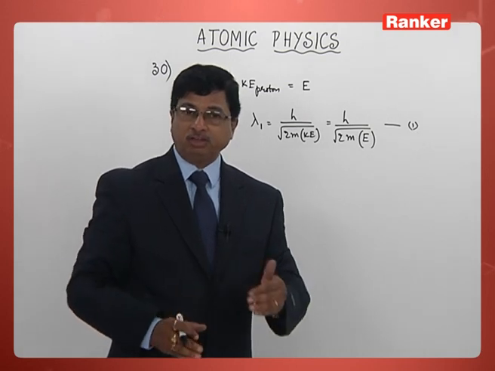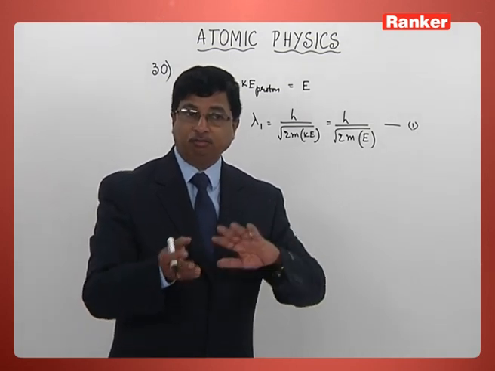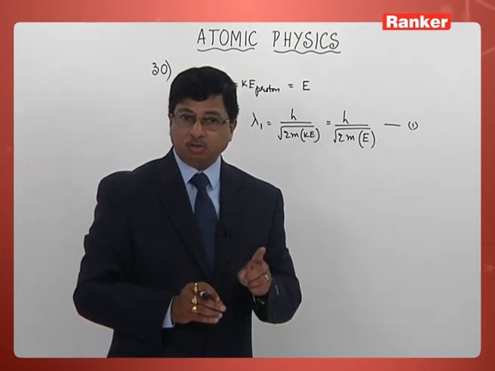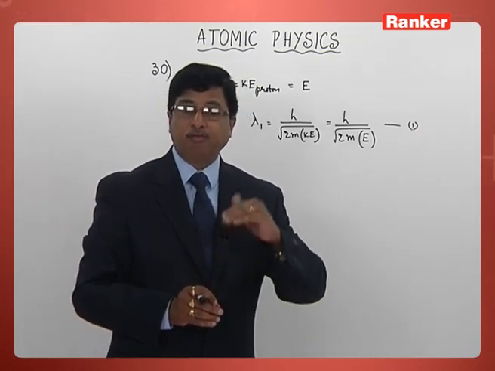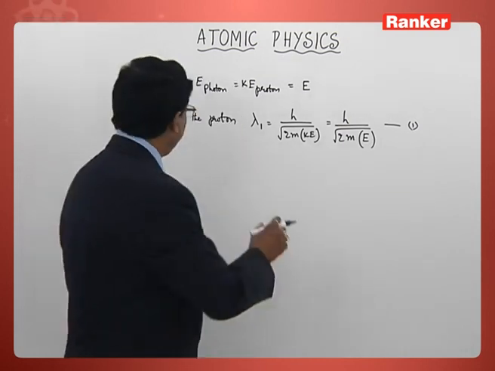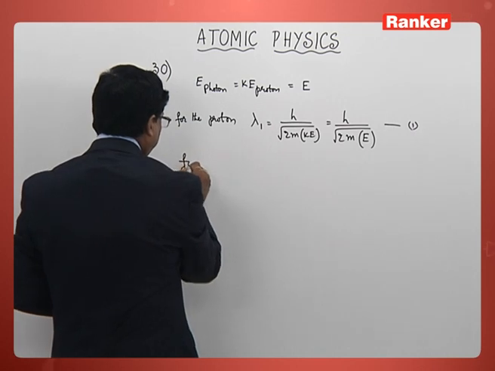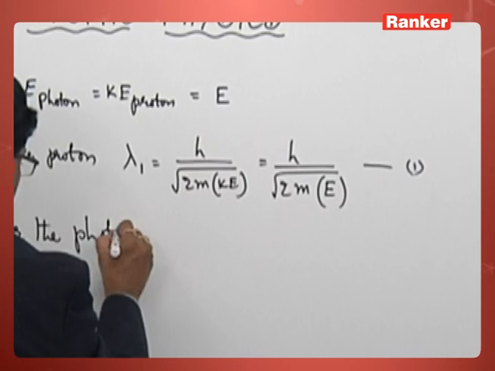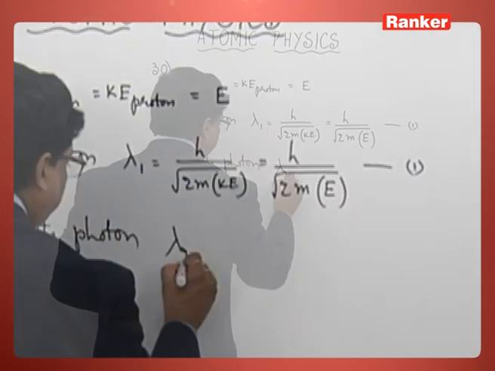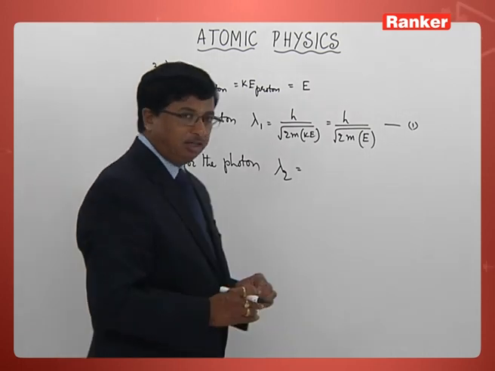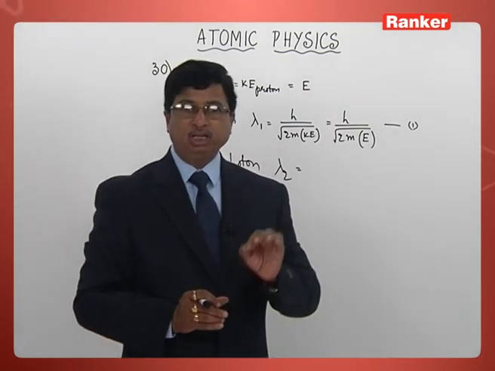Now come to the other one, that is a photon, which is having wave nature. So what next he is talking? Lambda 2 be the wavelength of the photon. So for the photon, you can write lambda 2 is equal to, in fact you know very well, energy is equal to h nu.